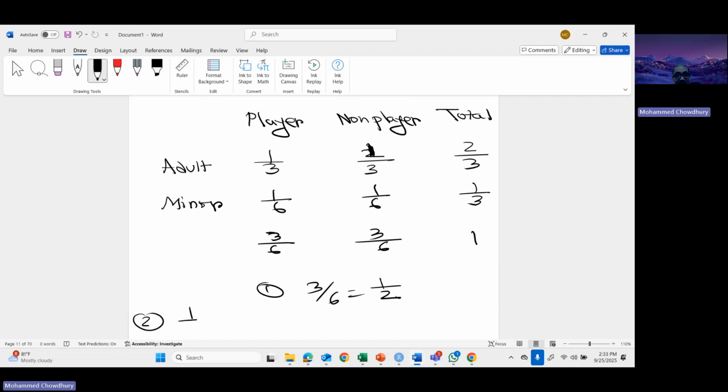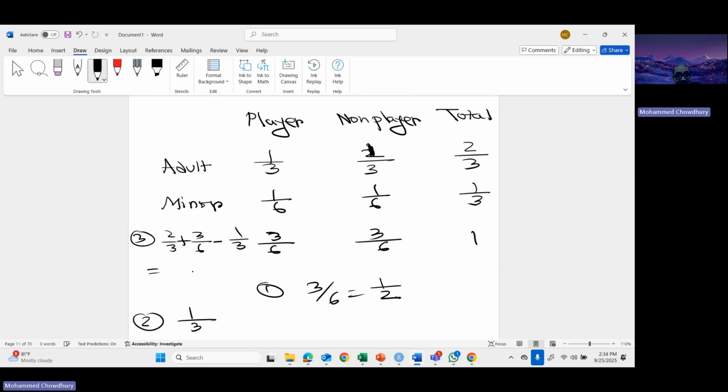Then question number 3 was what? Adult or player. So adult equals 2 over 3 and player equals 3 over 6, minus adult and player, 1 over 3.